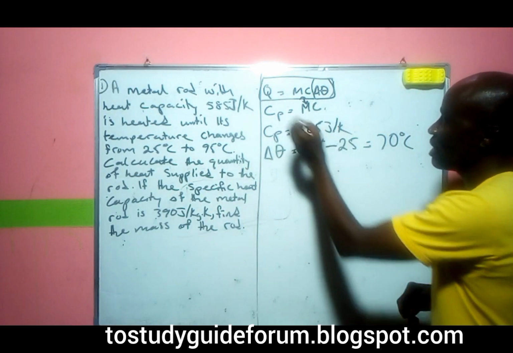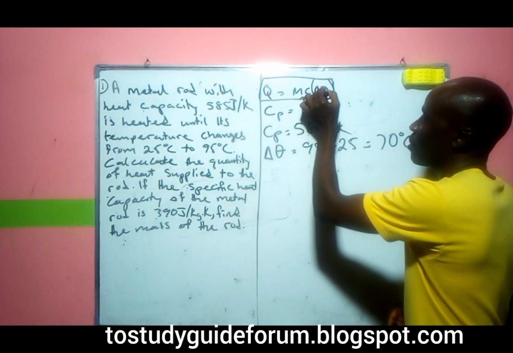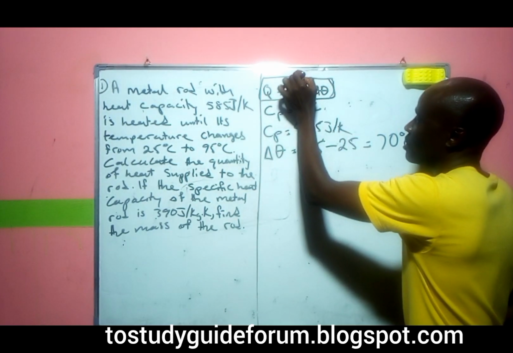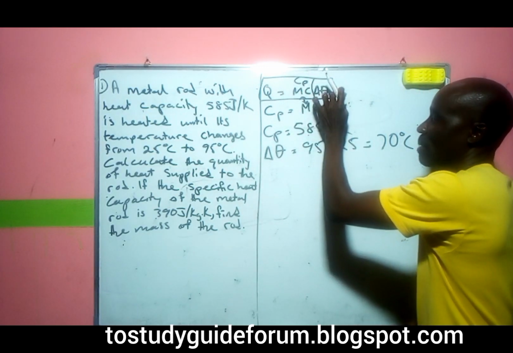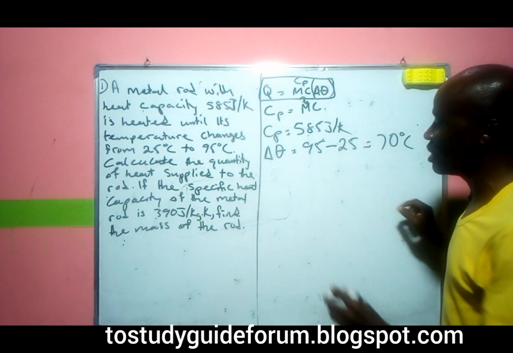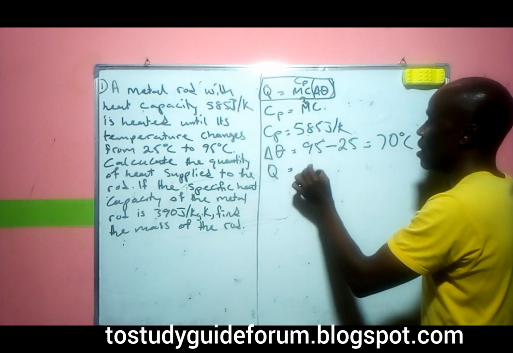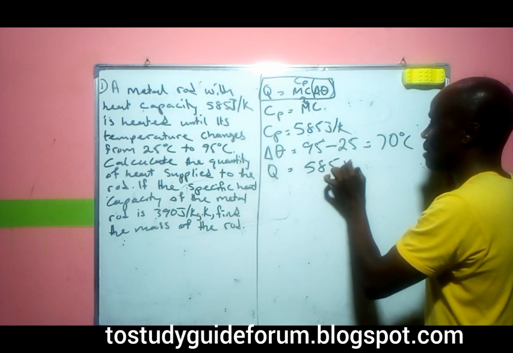But to get the quantity of heat, we need to multiply it by what? Temperature change. This is just heat capacity multiplied by temperature change, and now we have the temperature change. So the quantity of heat will be equal to 585 times 70.